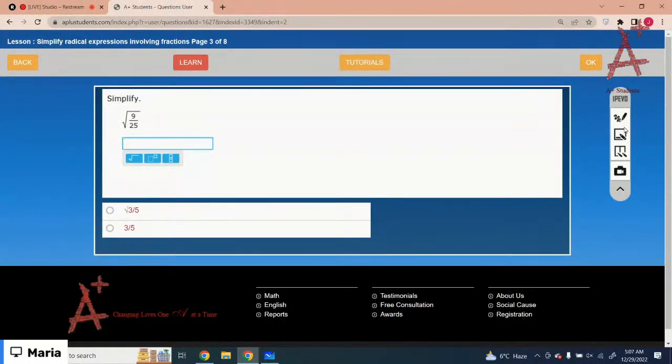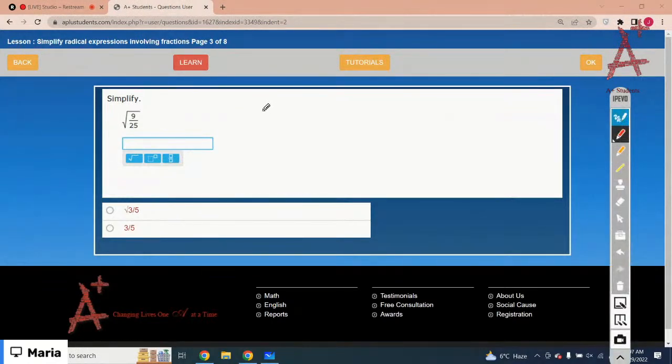Okay, the next one is square root 9 divided by 25. So just write them as the prime factors. The prime factors for 9 are 3 times 3, and the prime factors for 25 are 5 times 5. Got it? So you can write them as square root 3 square and square root 5 square.